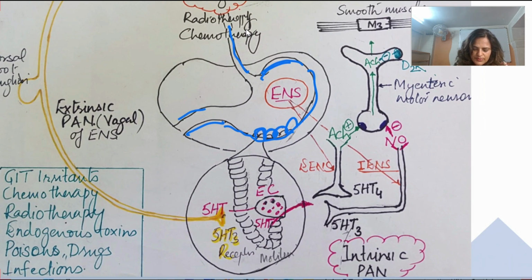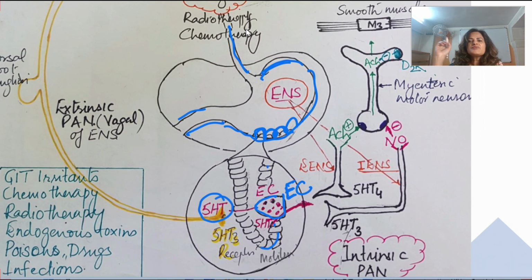If I zoom into this part, you can see in the stomach there are pits and glands, and various cells. Out of that, one cell is called the EC cell, the enterochromaffin cell. What is the importance of this cell? When the GIT comes in contact with any GIT irritant, cytotoxic drug, radiation therapy, toxins or poisons, this cell gets stimulated and causes the release of 5-HT in the circulation.